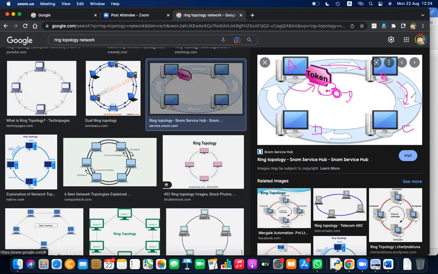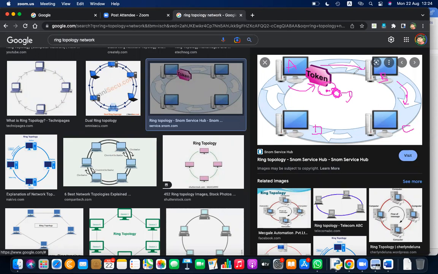A breakdown in one computer can break down the entire network. That is true. A breakdown in the line can collapse the entire network. That is okay. I'm asking about message collisions.